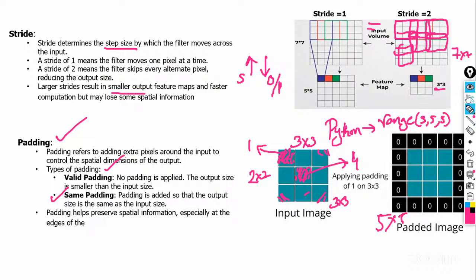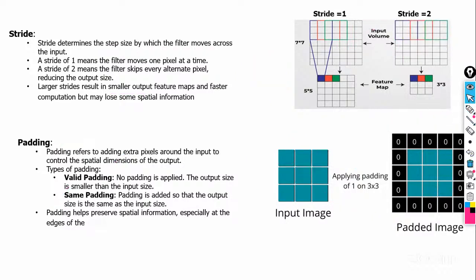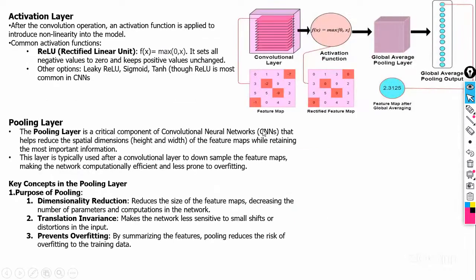Now, I hope we are clear on convolution operation, stride, and padding as well. Once after completing the convolution operation, we'll get an output. Within that matrix or array, I have some negative values. Can we have negative values as part of the output from the convolution layer?